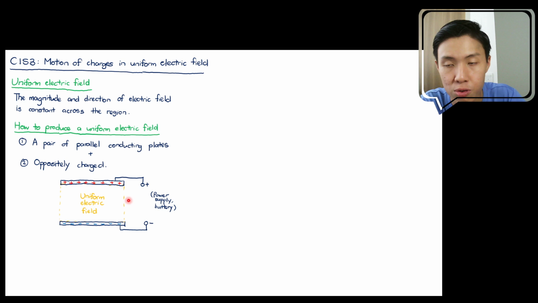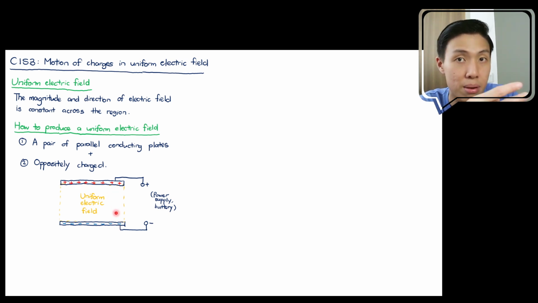If you connect a battery with the positive terminal over here and the negative terminal over here, then you create a positive plate over here and a negative plate over here. Same as any power supply: you connect the positive terminal, then this plate will be positive. You connect the negative terminal, this will be negative.